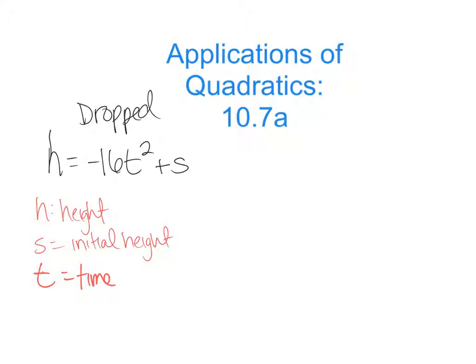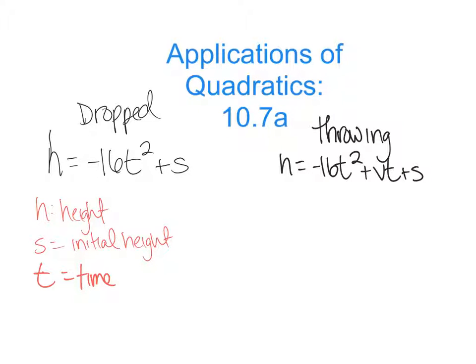Okay, now let's go to throwing an object. This is the equation we did yesterday. So here it is. The only difference is we've got vt, where v is velocity, speed or rate. You might as well put an r there. It means the same thing as rate or speed. Remember, s means initial height, not speed. So v is velocity, the rate, how fast the ball is being thrown.